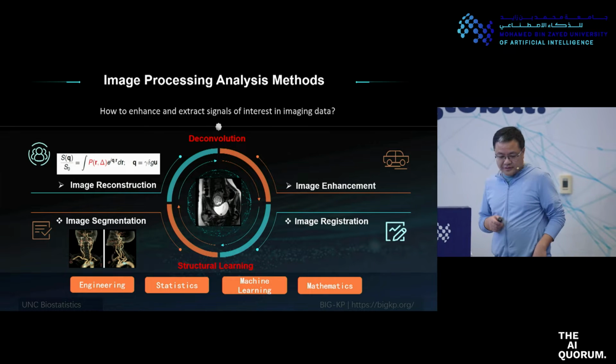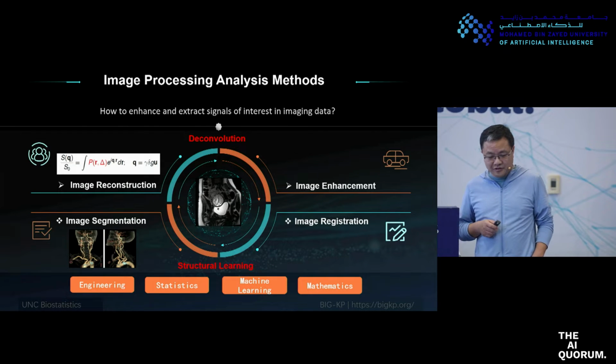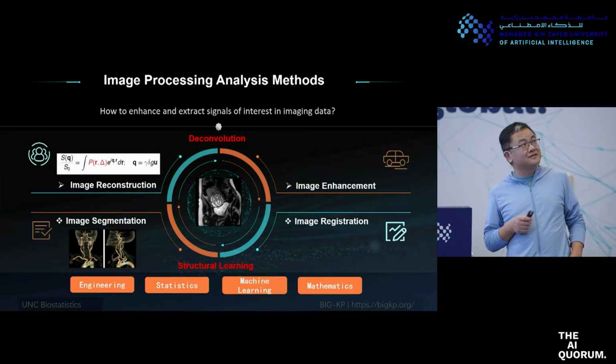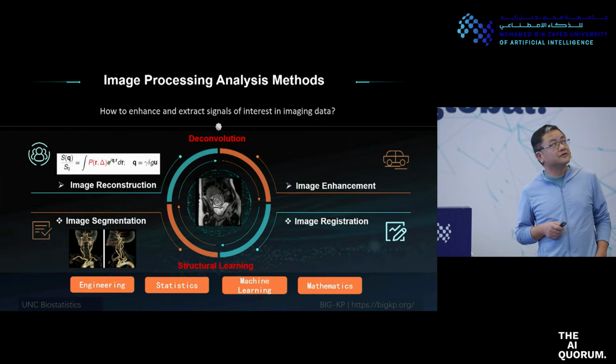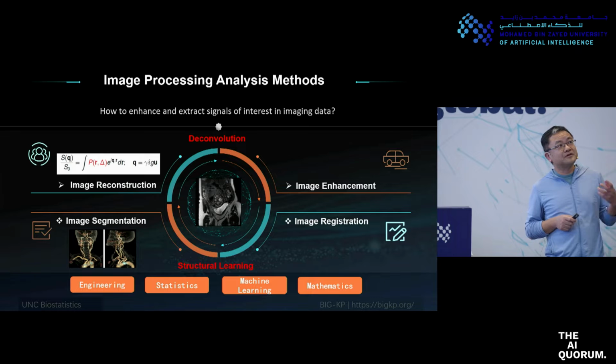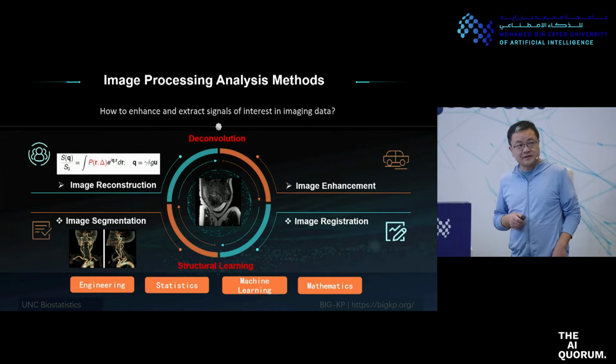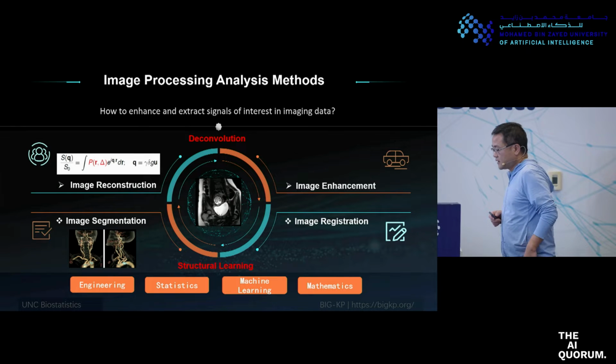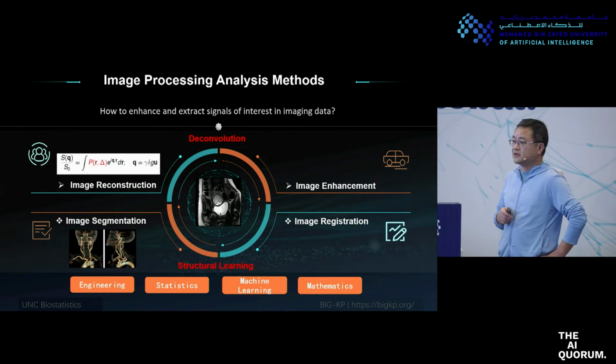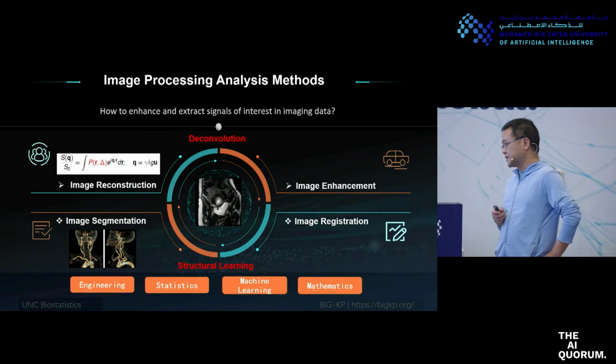As statisticians or data analysts, the most important thing is carrying out imaging processing and analysis methods. The purpose is to enhance and extract the signal of interest in imaging data. That's the main purpose.